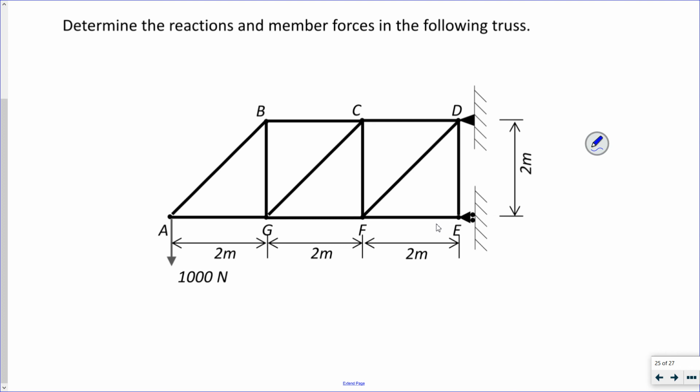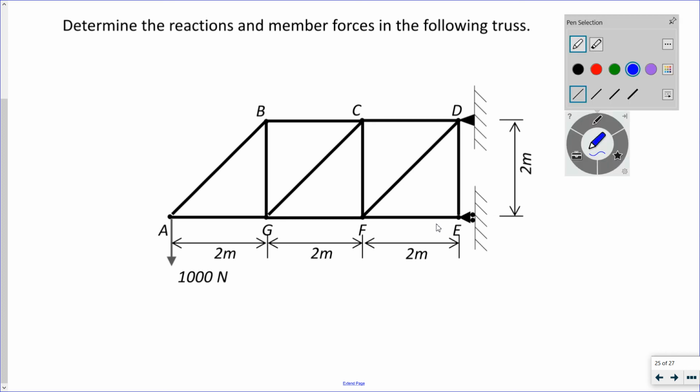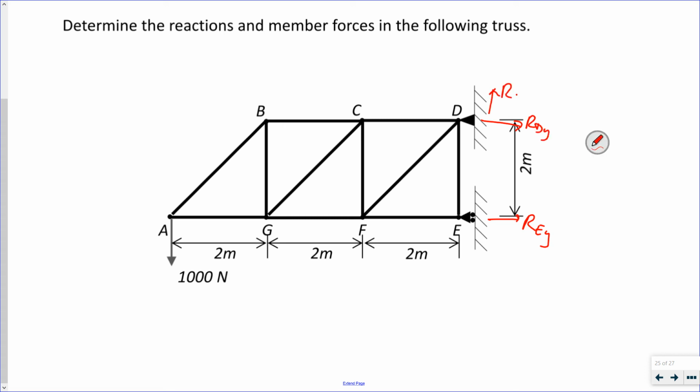Let's see. Are there any zero force members? I don't think so. Actually, I see one. How about X is the horizontal and Y is the vertical?